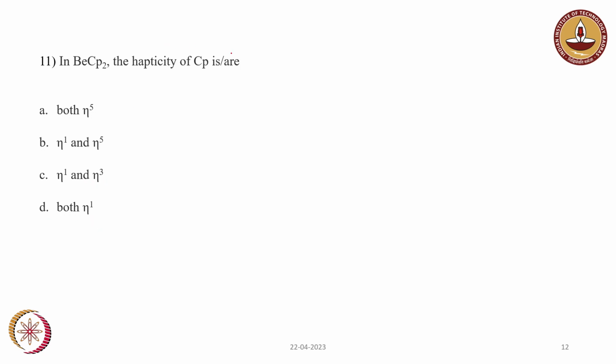So we can apply the 8 or 18 electron rule, and beryllium is in the second period, and it's far left. So the number of electrons in beryllium is low. Beryllium has 2s2 configuration, so only 2 electrons present.